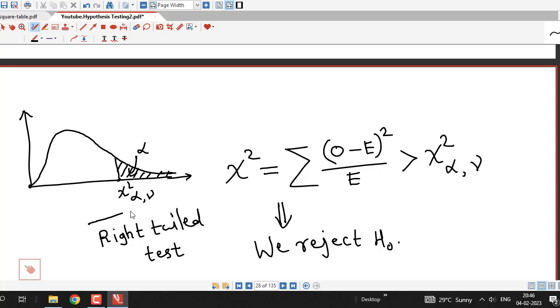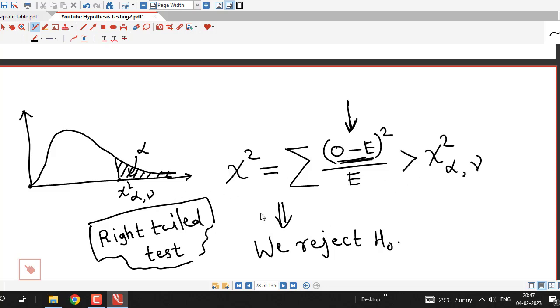So what is the reason that this chi-square test for goodness of fit is always right-tail test? The reason is in this formula. Suppose this difference is not small, or if this difference is more than expected, then there are more chances of rejecting the null hypothesis. And if this difference is very small, then we can say that observed and expected frequencies are very close to each other, and the chances of rejecting the null hypothesis are very less.